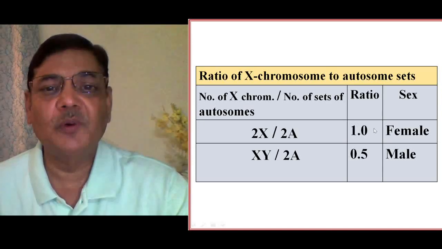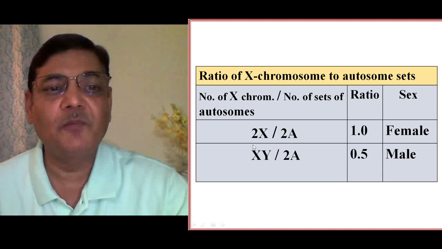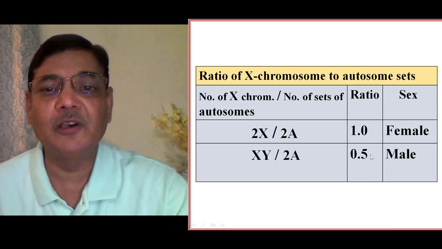If the ratio is 1, then female sex will be formed, and if this ratio is 0.5, then male will be formed. The ratio will be 0.5 when there is a single X chromosome. So a single X chromosome and two sets of autosomes will provide male.